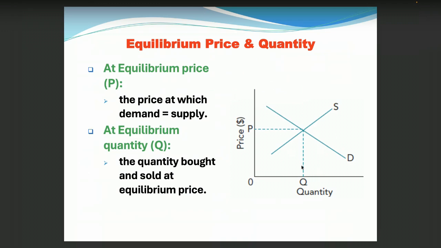But then we have to find a point where the same amount of people are willing to buy the product and the same amount of the product is being produced.